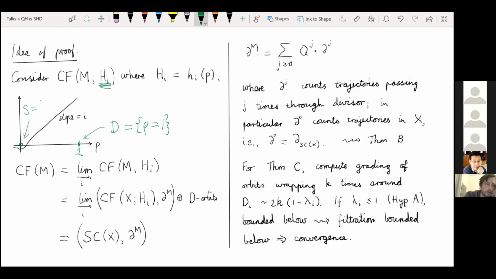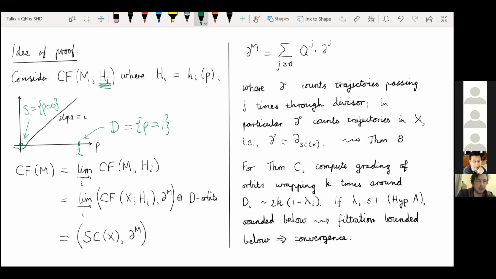So just to remind you, the skeleton lies at rho equals 0, the divisor lies at rho equals 1. And we look at this family of Hamiltonians which look like this. They have slope I. Roughly they look like the function h of rho equals I times rho, but smoothed a bit.